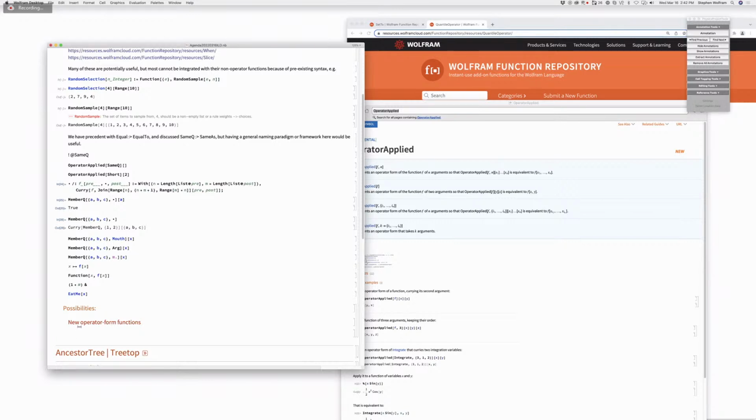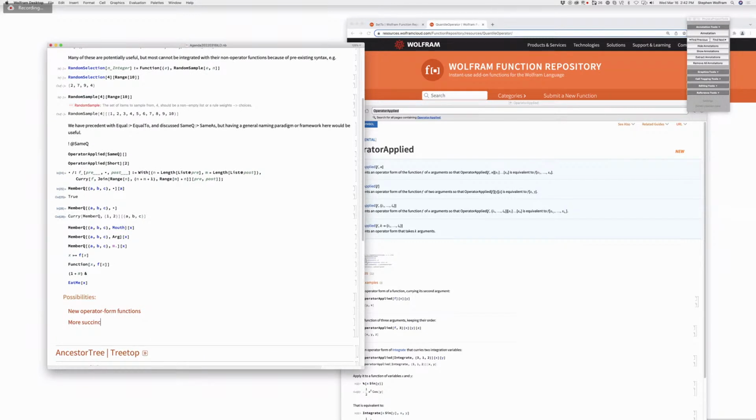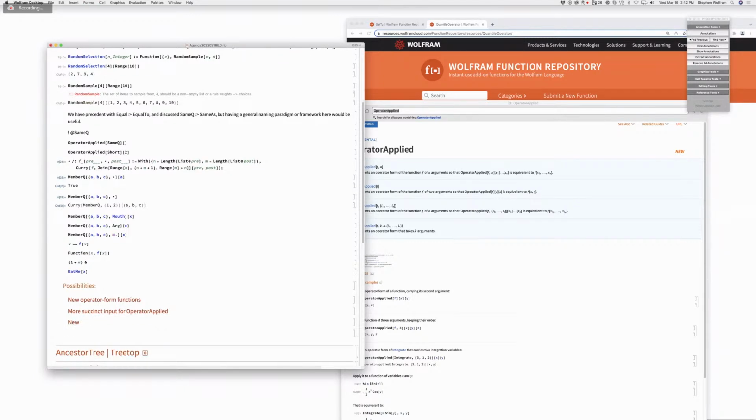Another is a more succinct input for operator applied. Another possibility is new syntax for single hash ampersand.